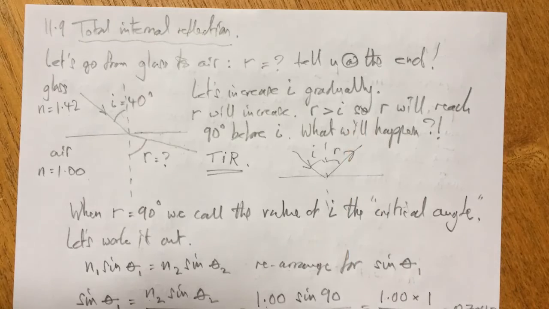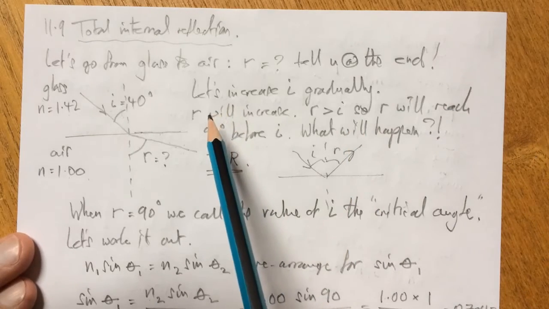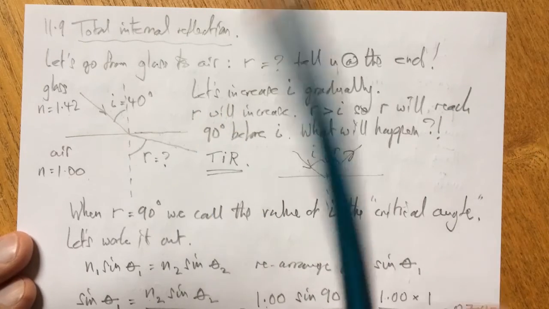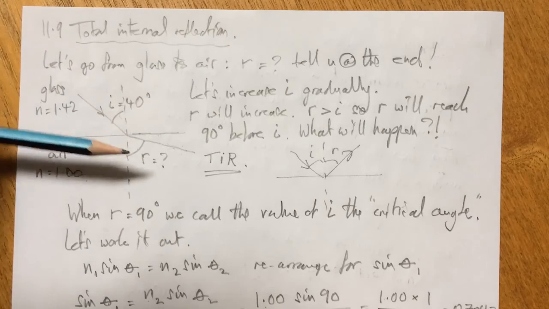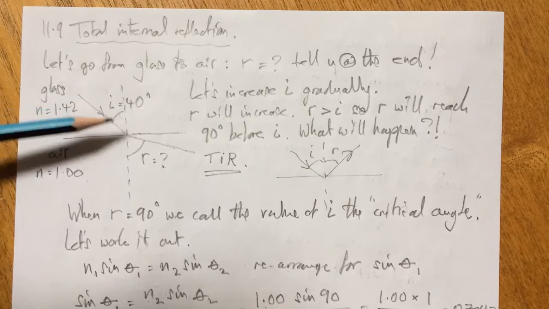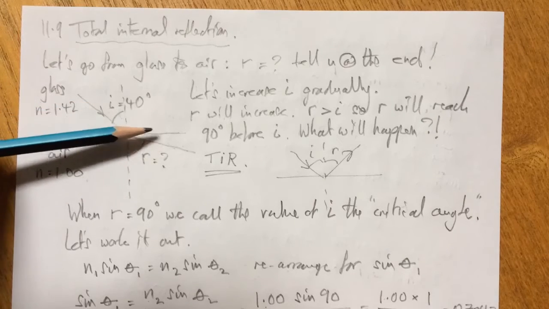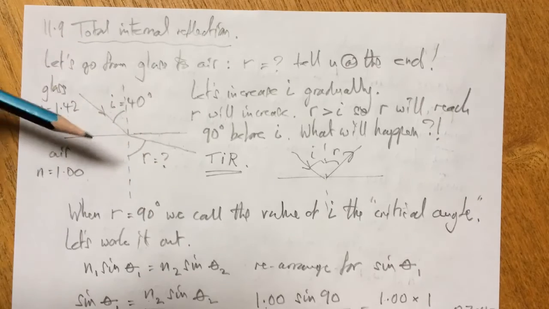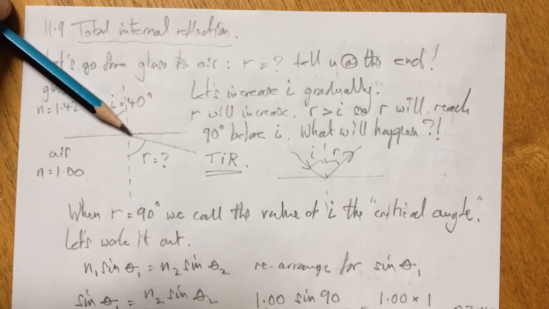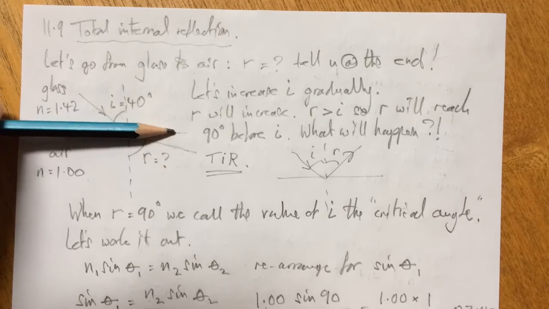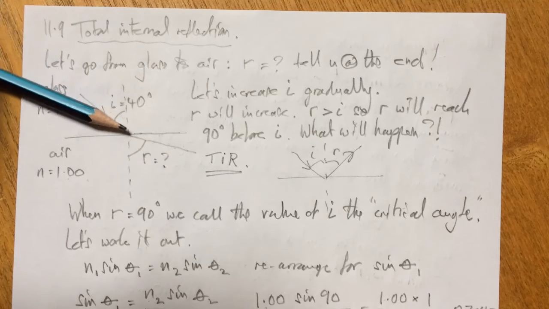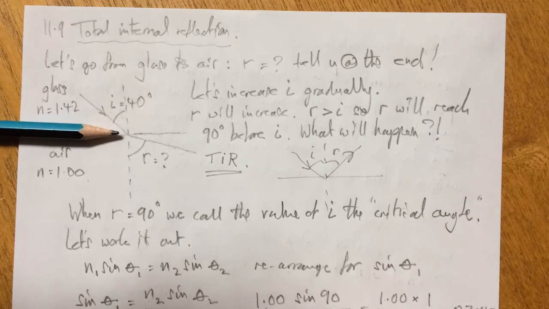Anyway, total internal reflection. What's that about? If we increased this angle of incidence, because the angle of refraction is greater than the angle of incidence, the angle of refraction is going to reach 90 degrees before we get the angle of incidence to 90 degrees, isn't it? Yeah, that ray will hit the boundary before this ray runs out of glass, as it were, right?